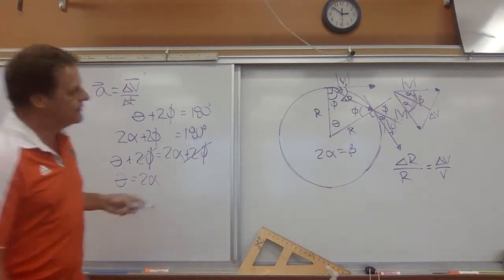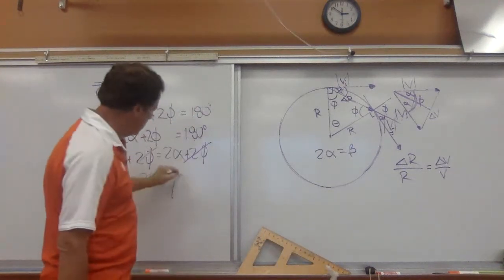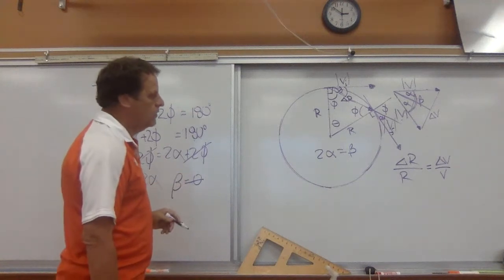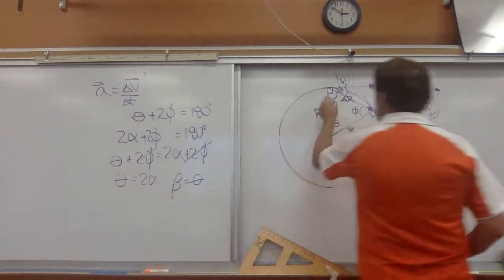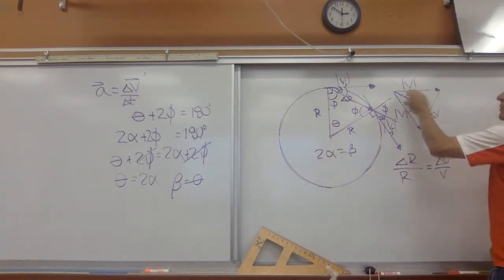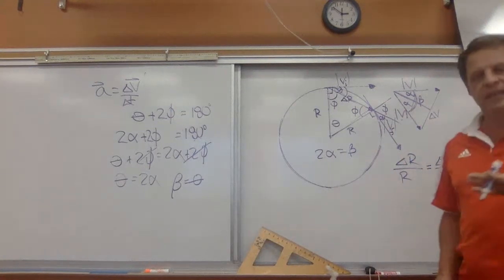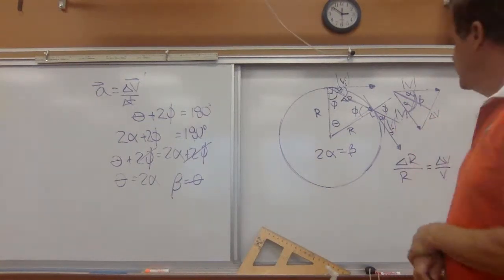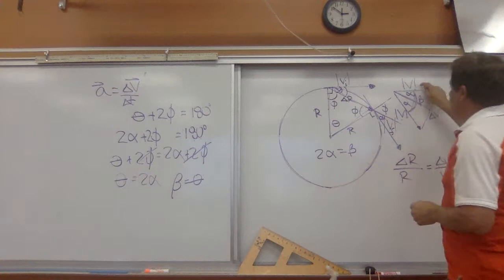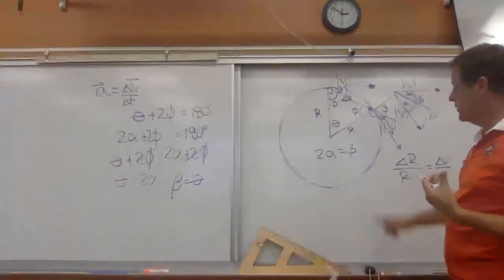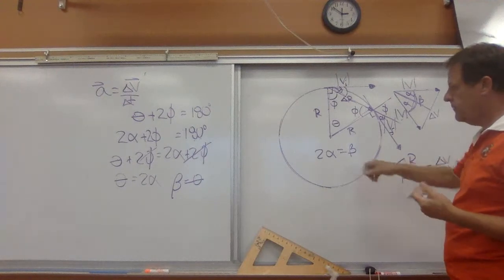So now we can say that beta is equal to theta. And now this triangle right there is proportional, because we have similar triangles. We have side angle side, side angle side. We can prove that they're congruent, which is kind of what we just did there.